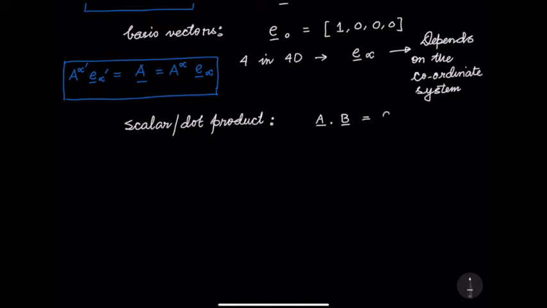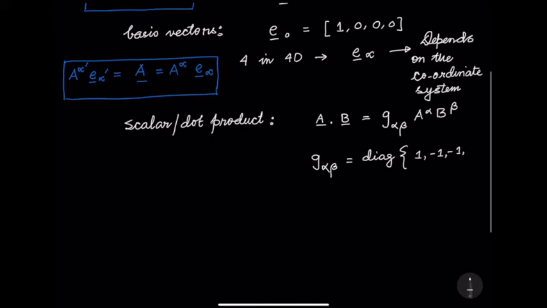And to define this, we bring in this quantity g alpha beta, which I have not said what it is, but we introduced this thing where, if you remember, g alpha beta can be written like this, where the diagonal elements, which are the elements where alpha is equal to beta, are 1, minus 1, minus 1, minus 1 for alpha equals beta equals 0, 1, 2, 3, and all the other elements are 0.